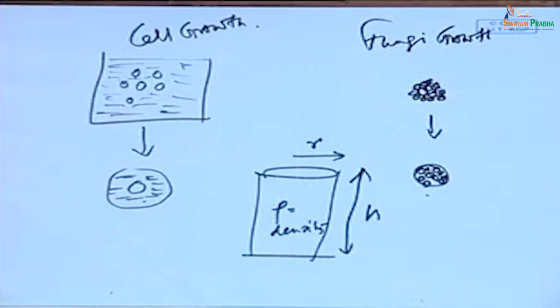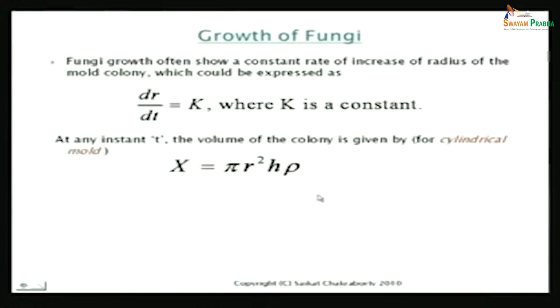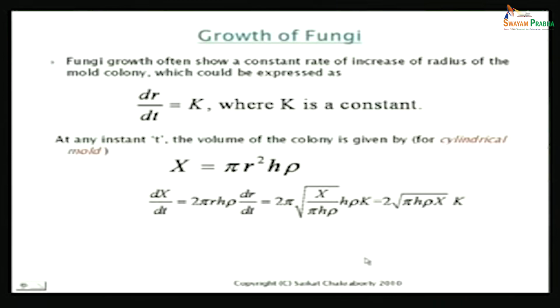Fine. So this is what you have. Now dx/dt, since the height is not increasing, would simply depend on the increase of the radius of the mold. So we differentiate both sides of the equation, and you get 2 pi r h rho times dr/dt.